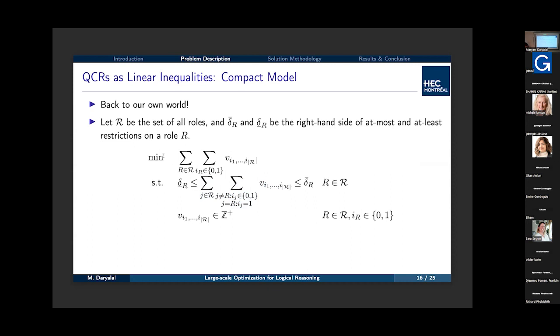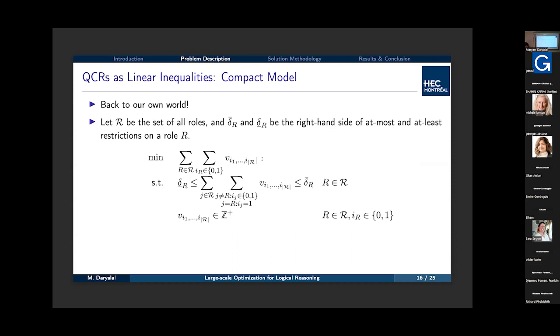And in the objective function, I have defined the numbers because I want the minimal number of individuals that satisfy these conditions, because at the end we want the explicitly entailed instances. It's not important. What's important is that we can write those QCRs in this compact optimization form.